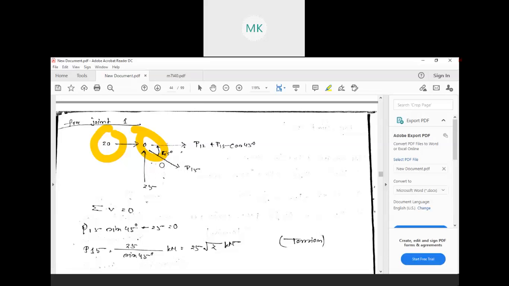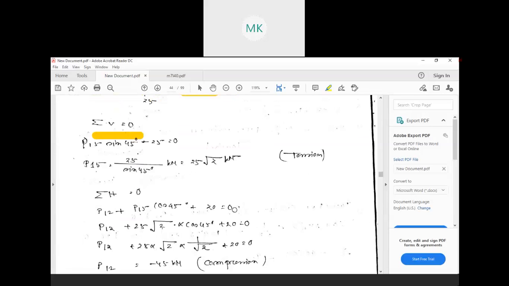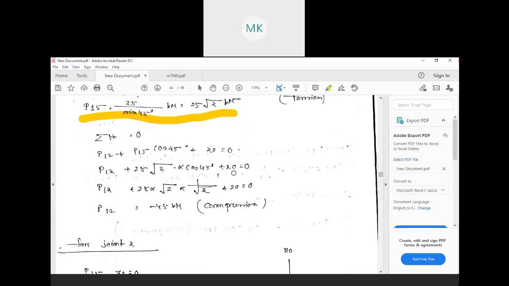All of you know how to resolve: along the angle it is cos theta, and against the angle it is always sin theta. So resolving the force again by using the equilibrium equation, you can find out the unknowns P12, P15, and so on. So from here you can find out P15 and P12.